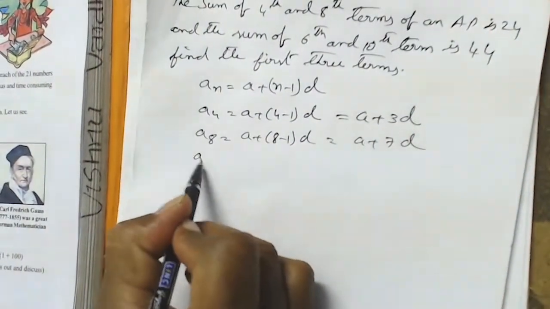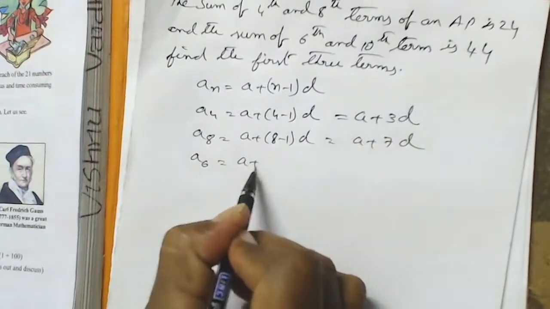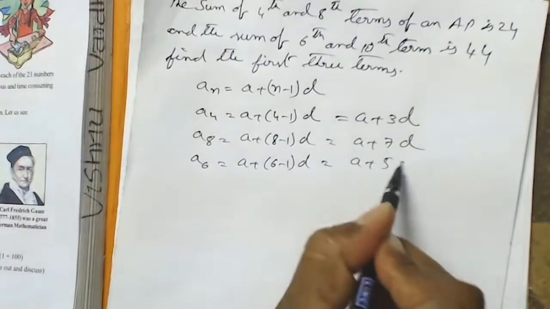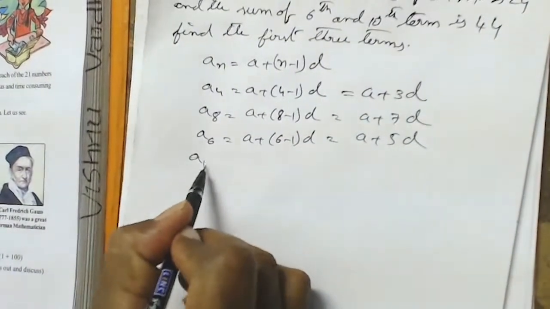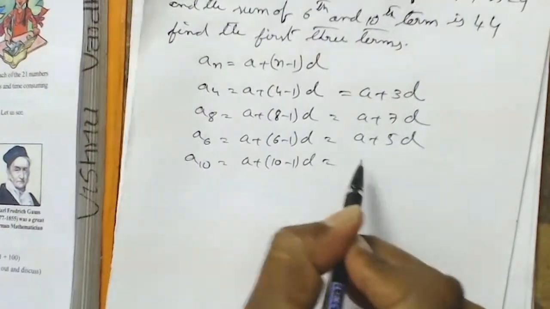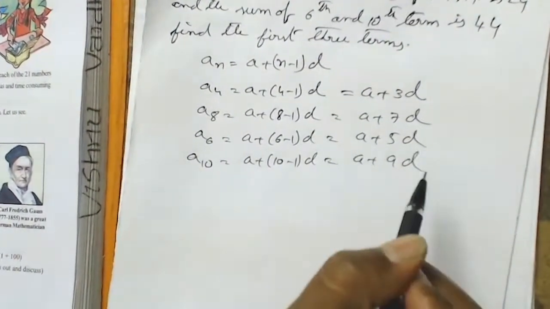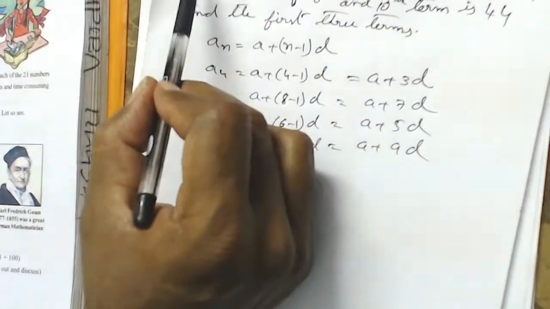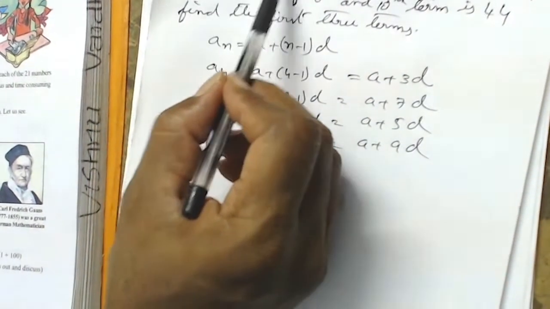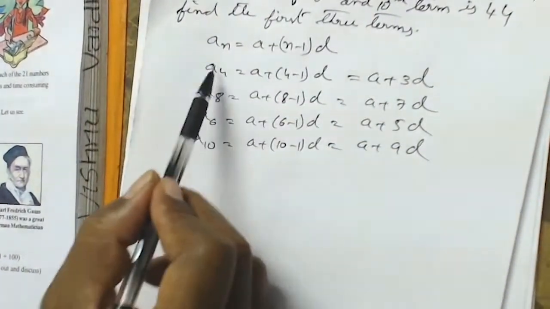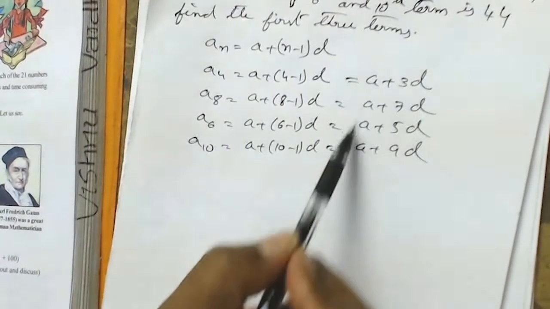A6 you can write as A plus 6 minus 1 into D, which is A plus 5D. A10 is A plus 10 minus 1 into D, which is A plus 9D. I wrote A4, A8, A6, A10 because in this question 4th, 8th, 6th, 10th are given. So I simplified them and wrote here.